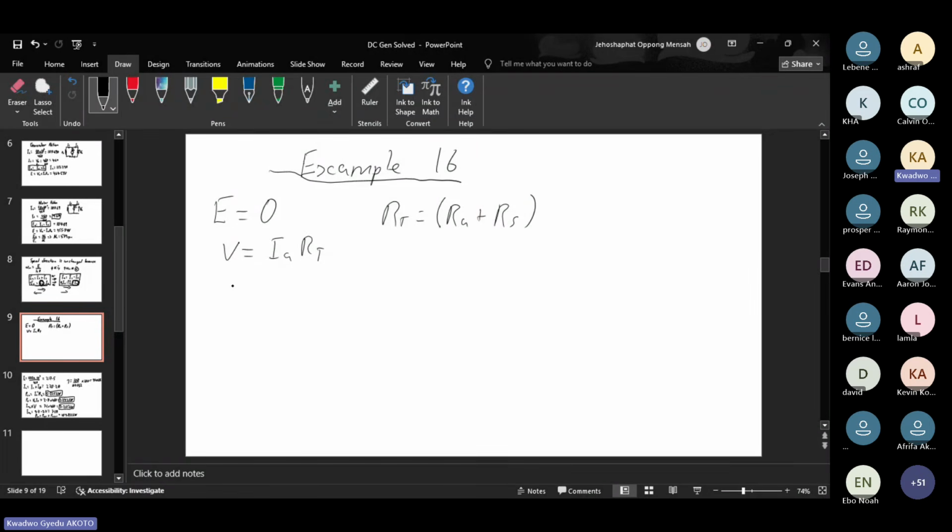We know what we want our IA to be limited to, so RT, which is RA plus RS, is equal to V on IA. So RS is 240 on 30 minus 1, which gives us 7 ohms.